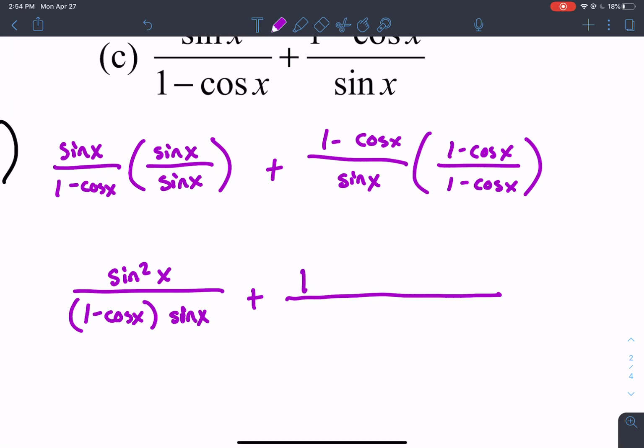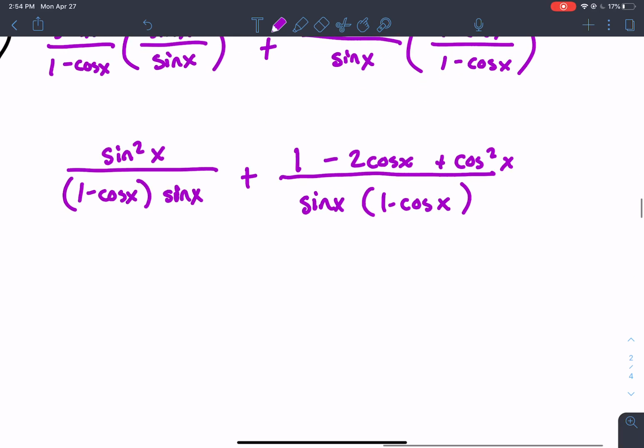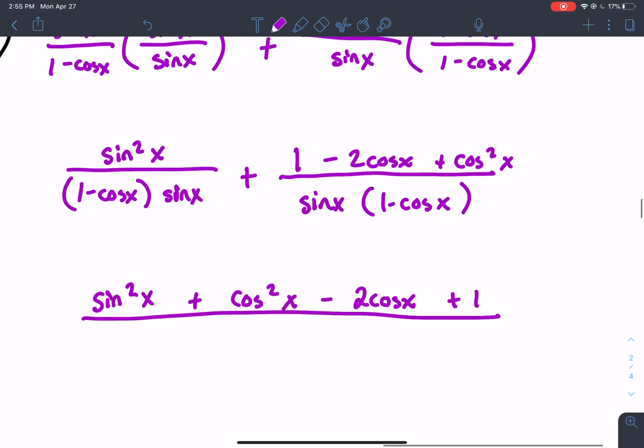So you got 1 and then minus 2 cosine x plus cosine squared over sine times 1 minus cosine. All right, so if I put that together now, I got sine squared plus cosine squared minus 2 cosine plus 1 all over sine times 1 minus cosine.